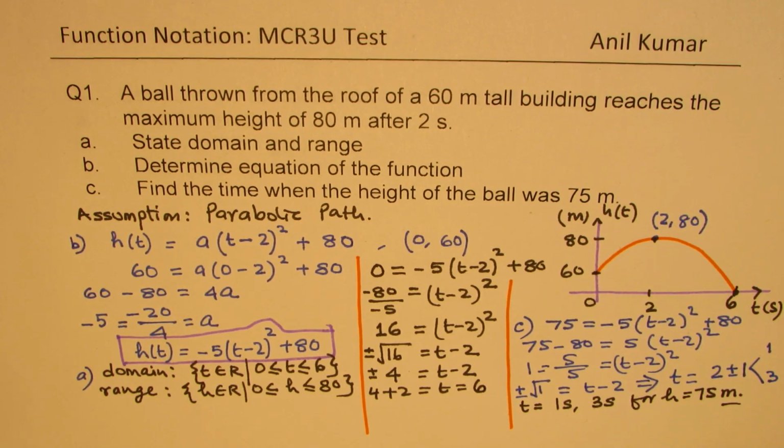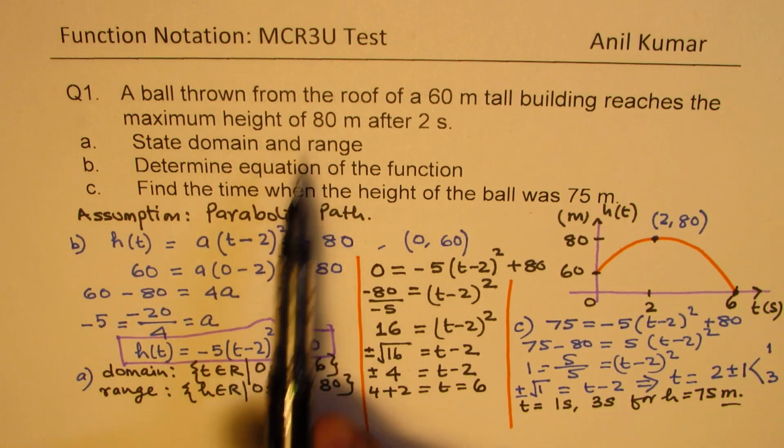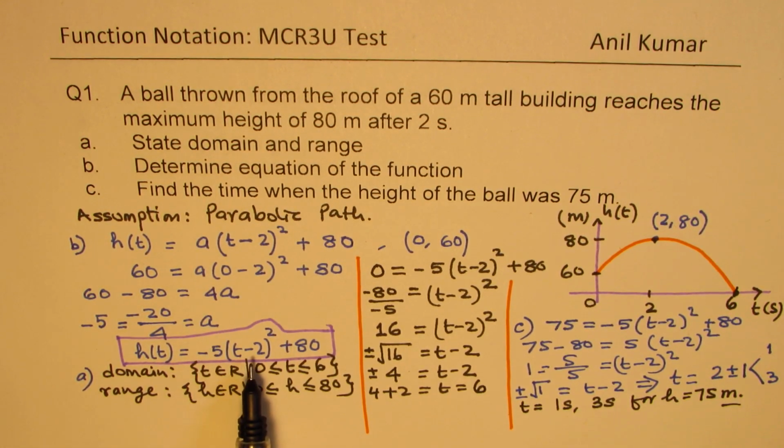I hope all the steps are absolutely clear. So the very first thing you need to do here is to find the equation of the parabolic path. We have made this as an assumption that the ball thrown will follow a parabolic path. Using the vertex form of the equation, since we are given the maximum height, we could actually find the equation.